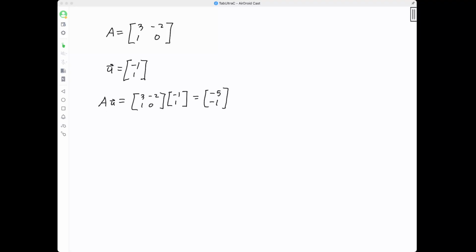And so this is the vector Au. And you'll notice there's nothing particularly special about it. It changed that vector. In this case it made it longer and changed what angle it's at in the plane, but it has made this change.